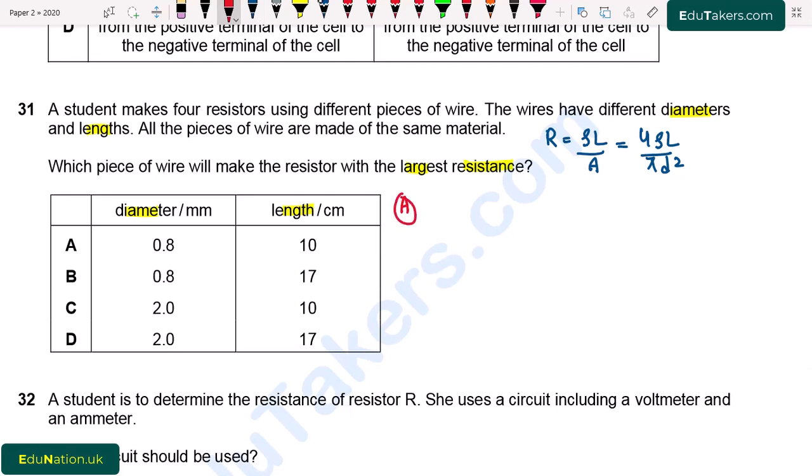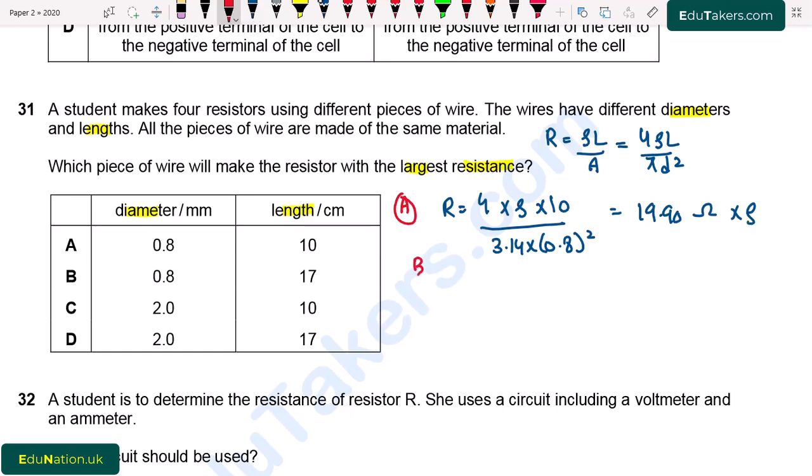For A, R will be equal to 4, I write rho as it is, multiplied by rho, and length is 10 centimeter divided by 3.14 times diameter 0.8 square. So it will be equal to 19.90 ohms multiplied by resistivity.